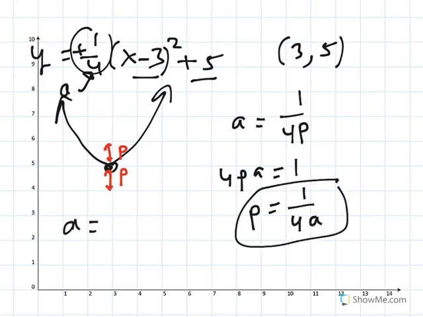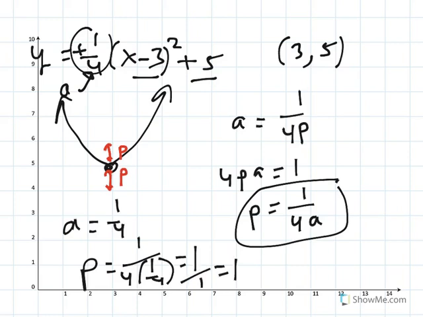Now a is 1/4. So p is 1 over 4 times 1/4, which is 1 over 1, which is 1. So p is 1, and then all you have to do to get the focus is add 1 to the y-coordinate of the vertex.